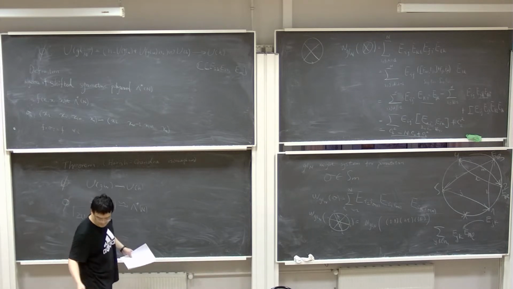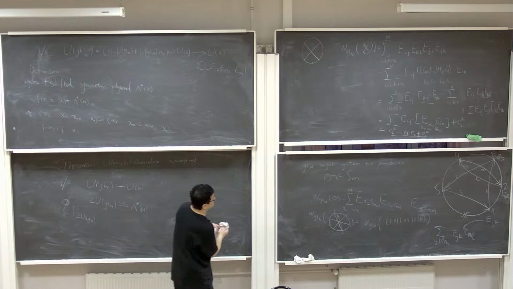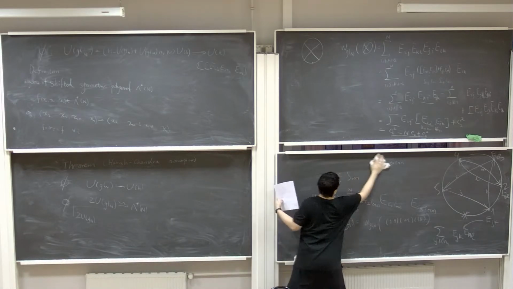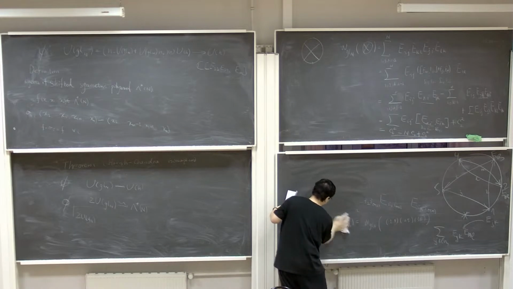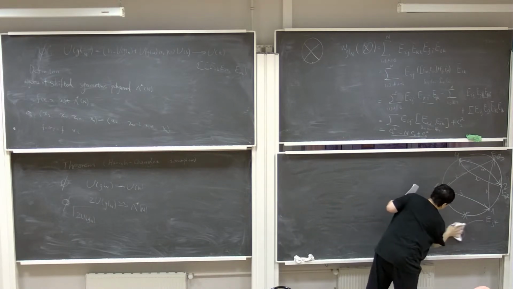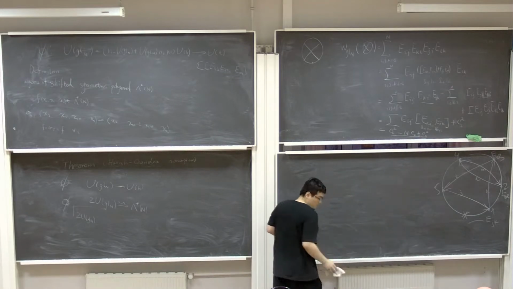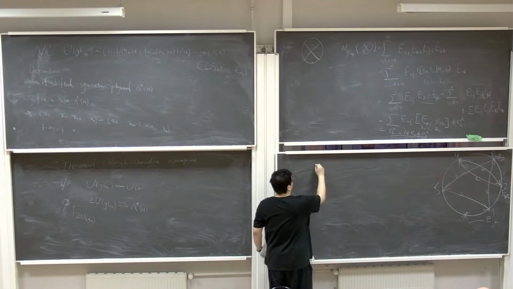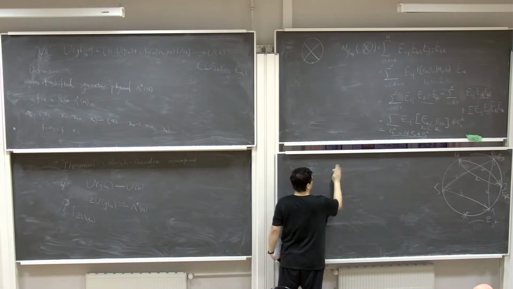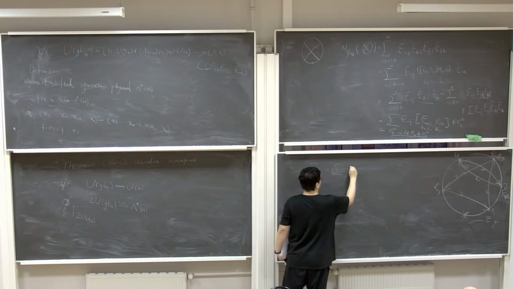For example, yeah, and this can be done for the value of GLN on any permutation as well, since it is an element of the center.